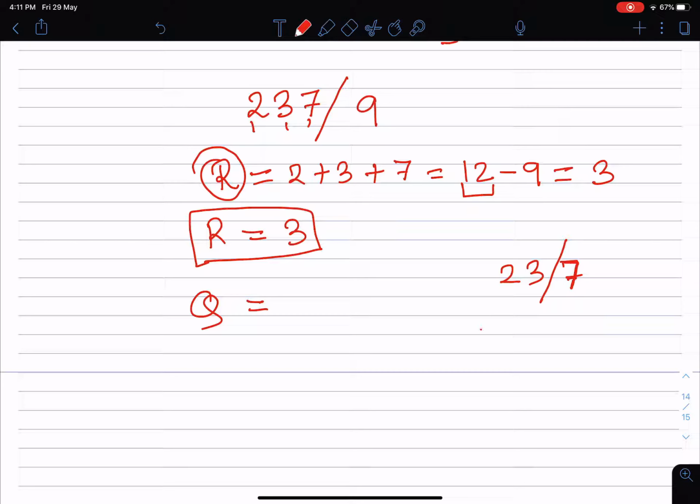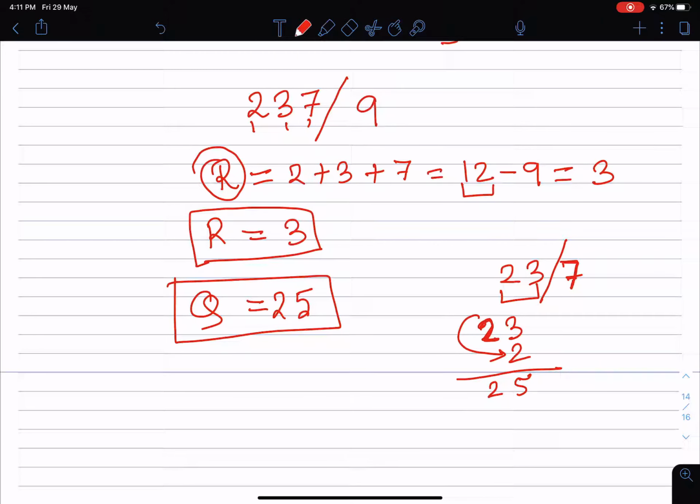Now we just take 23 and add 2 with this number, and while we are getting this 2, the first digit that was with me, we just put it here and add them up, and it will be 2 and 5, so we'll get 25.